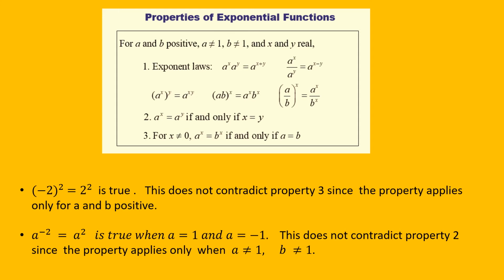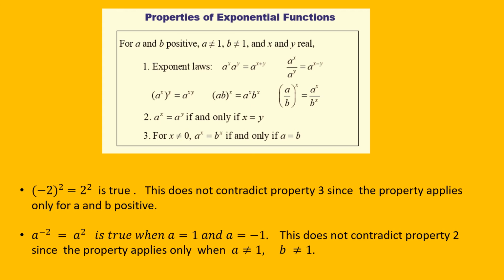In the same way, if I take the equation a raised to -2 equal to a raised to 2, that will be true only when a is 1 or a is -1. If a is 1, we get 1 raised to -2 is 1, and 1 raised to 2 is also 1. In the same way, -1 raised to -2 is also 1, and -1 raised to 2 is also 1.